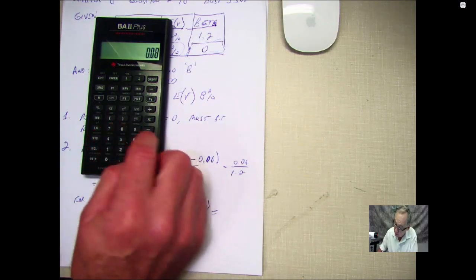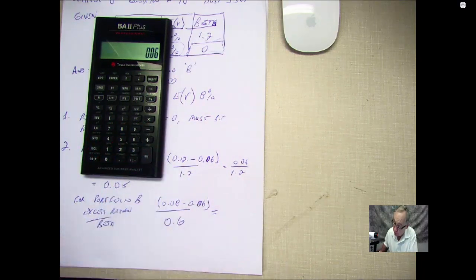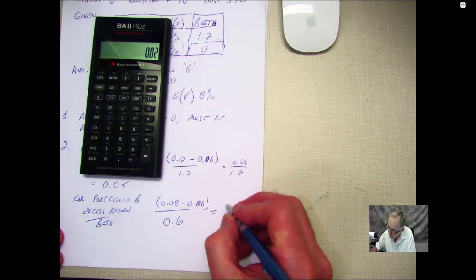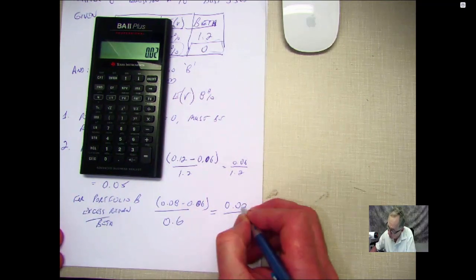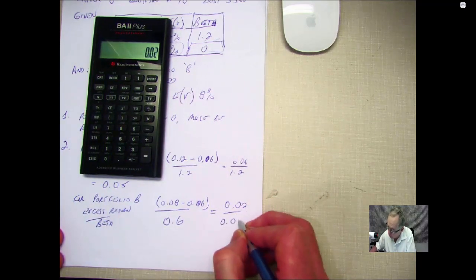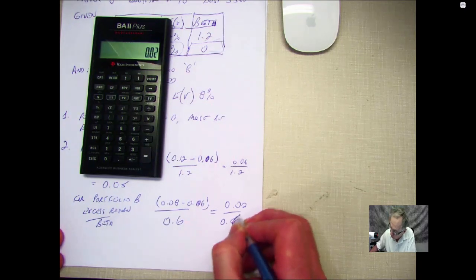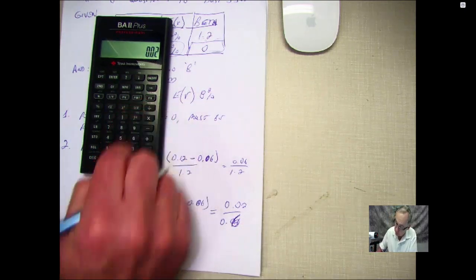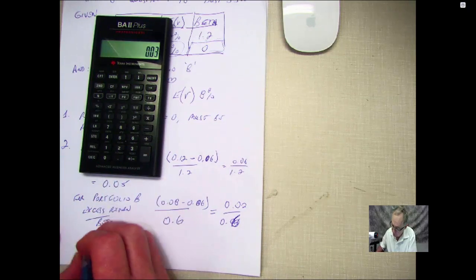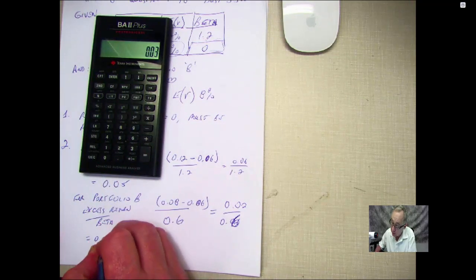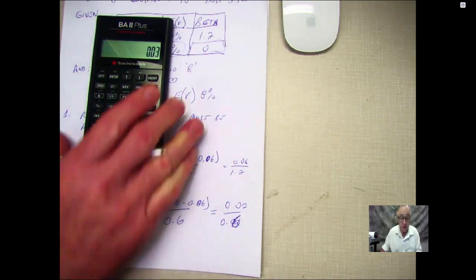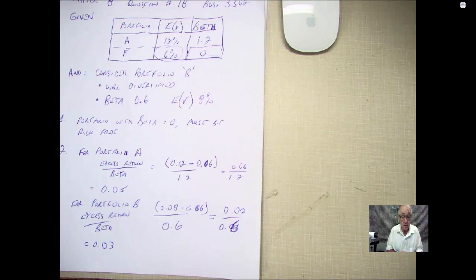So 0.08 minus 0.06, 0.02 of course, divided by 0.6 is 0.03. And I guess we could show more decimals to that.